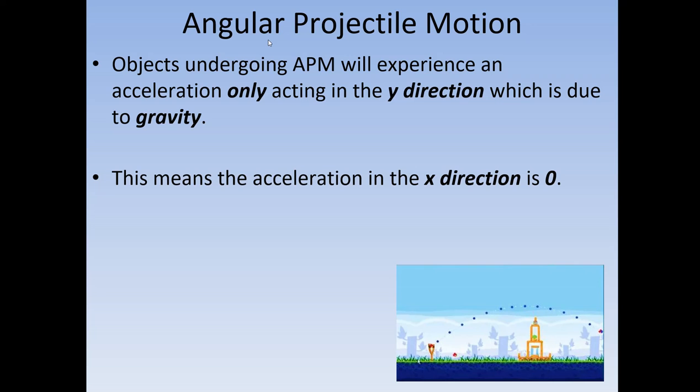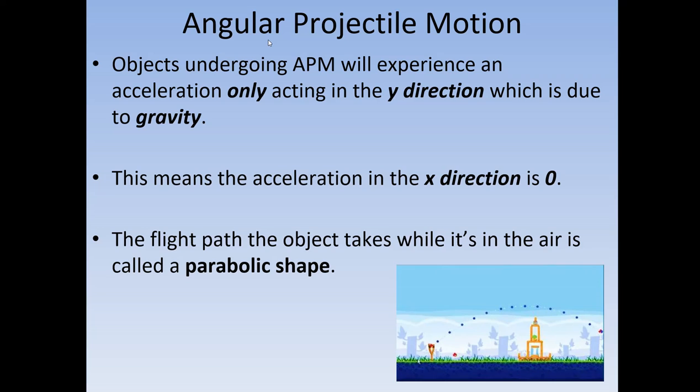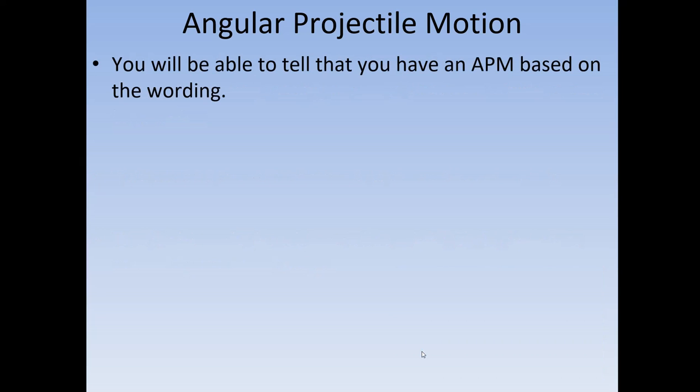But because we have an object moving initially straight up, we're going to have to make sure it's a negative 9.8. Another thing to note, just in case they ask, the path that the ball always takes is parabolic, or it follows a parabolic shape. And that's because of the velocity and the acceleration only acting downward.